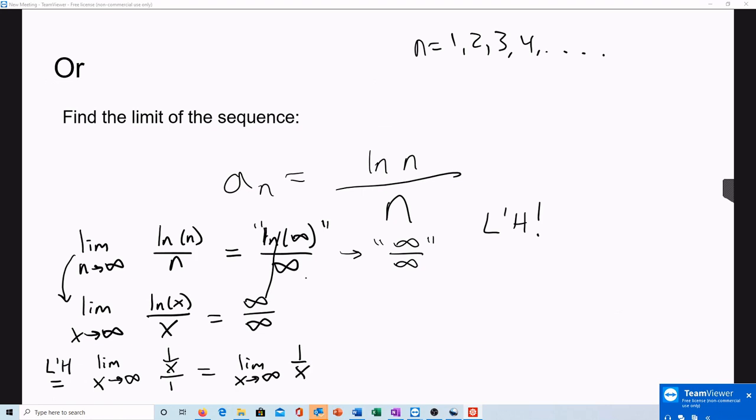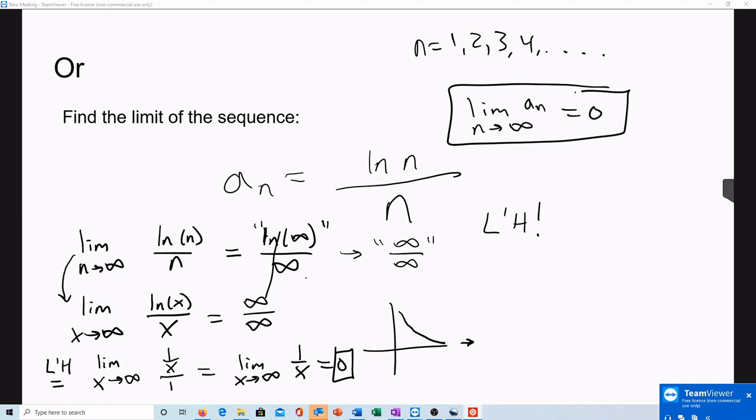If you don't remember it, you've got calculators, you can do your, well, what's 1 over x look like? It looks like this. Oh, hey, I'm going to infinity, so that's 0. And there you go. So altogether, that means that the limit of a sub n as n goes to infinity is 0.